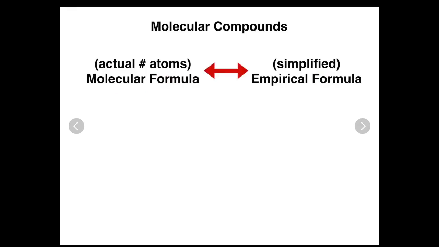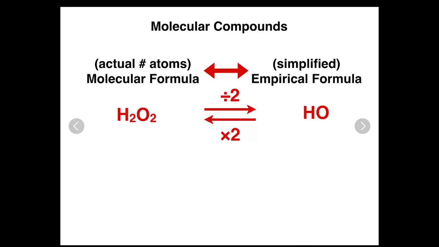For example, if you know the chemical formula of hydrogen peroxide, you can find out the empirical formula by dividing these two by 2 to get the smallest ratio. What we are going to do is the reverse process of this, because if you know the empirical formula and the whole number that you need to multiply by, you can do the same thing and it's going to give you the molecular formula.